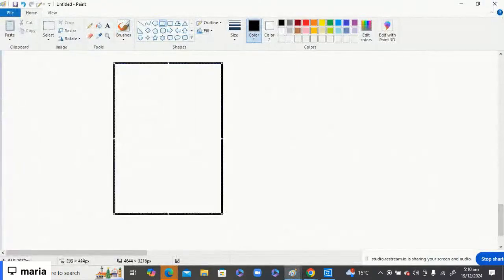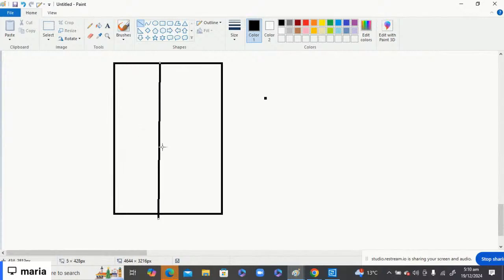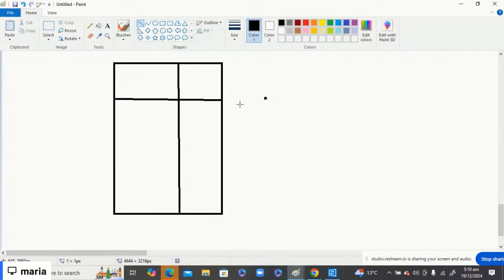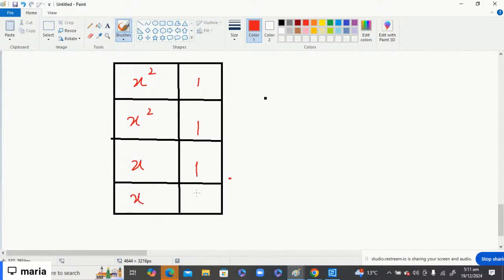Here is what we have done: putting out x square, 1 and 1, x.